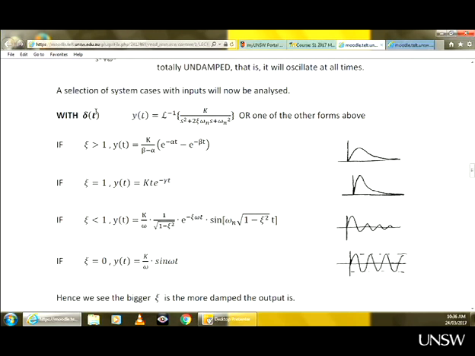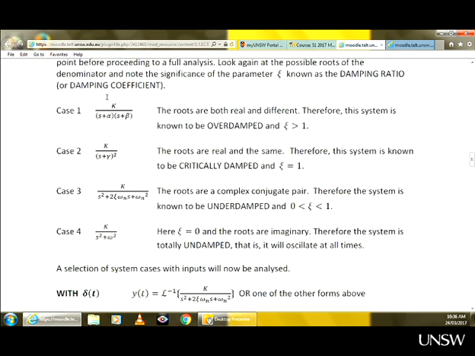However, we'll cover all 4 when the input is a unit impulse. Okay. So unit impulse applied as an input to an overdamped system, psi greater than 1. Then you're multiplying this transfer function by 1, and then looking for inverse Laplace transform.